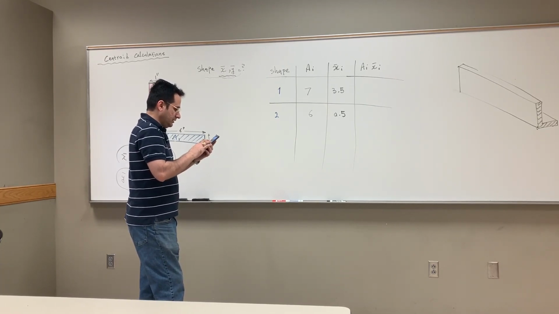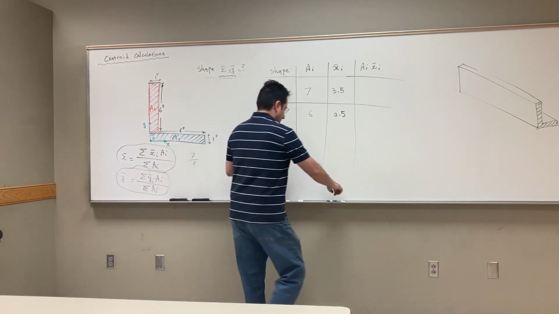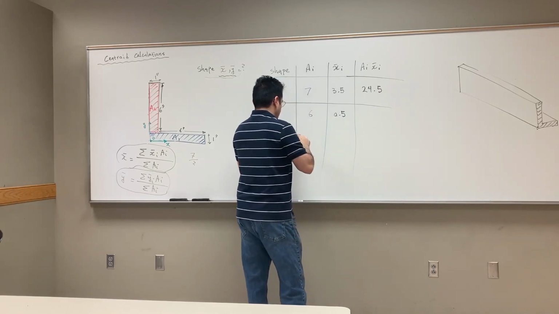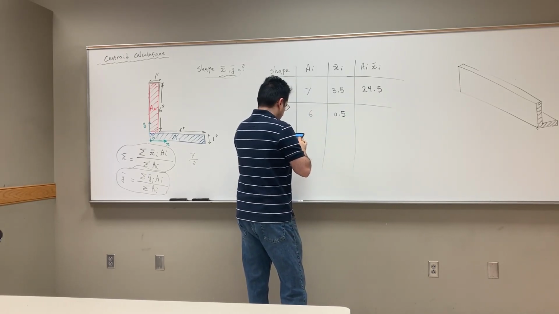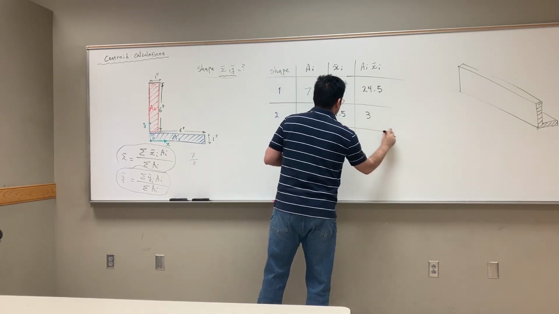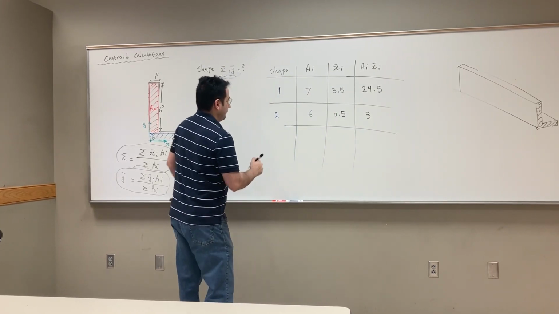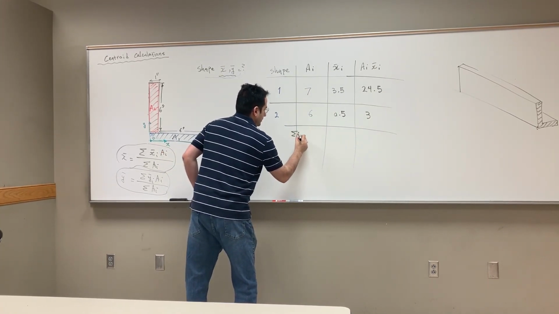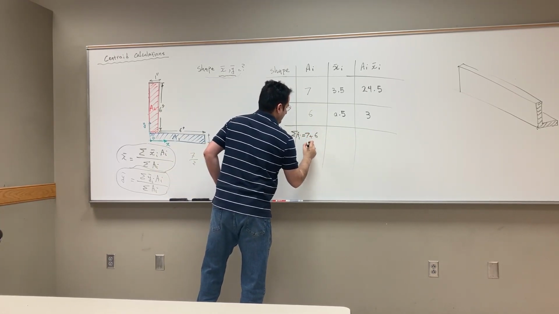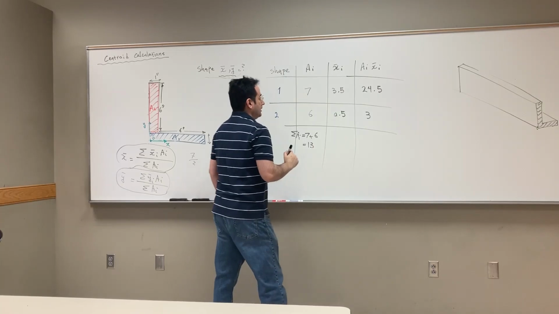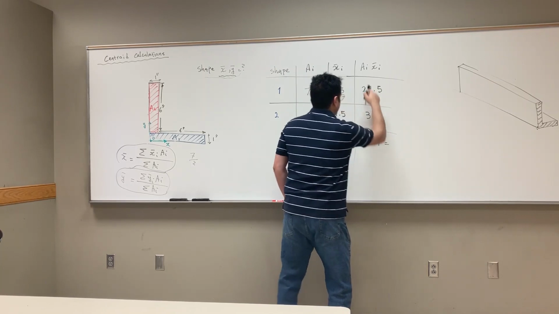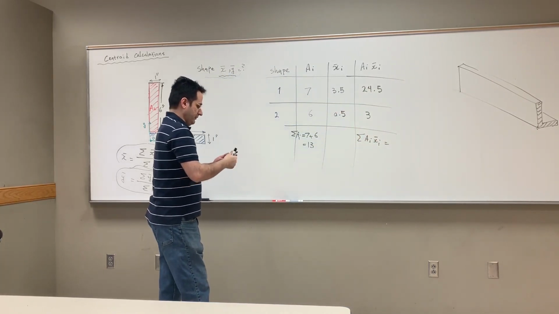Seven times 3.5 is 24.5. 6 times 0.5 is 3. Now, the sum of area would be A1 plus A2, which is 7 plus 6, 13. And the sum of A i times x bar i would be 27.5.